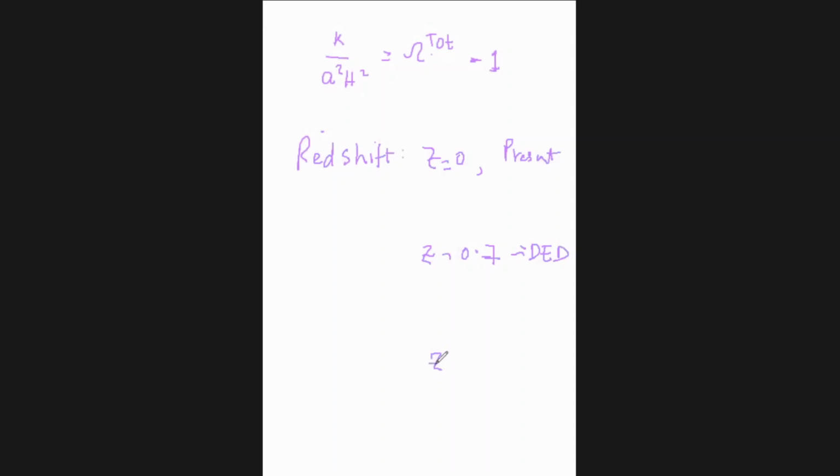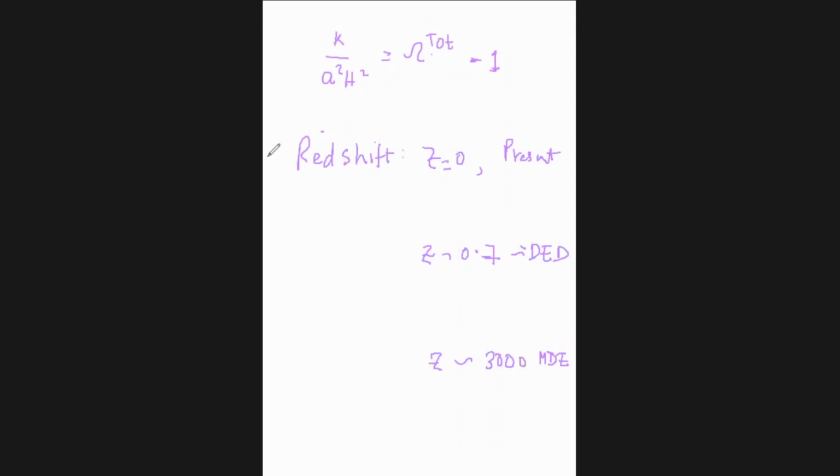Now Z around 3000 is when matter domination started, meaning the formation of galaxies, structure formation. And before that, it was radiation. Higher Z means radiation, all the way to Z equal to 10 to the power 40 or 50. So this is another way of describing time.